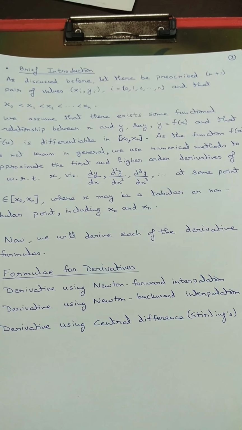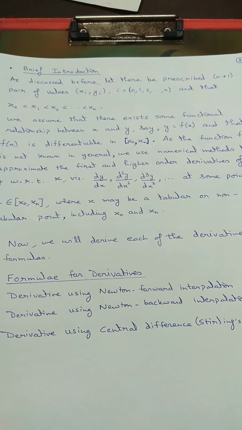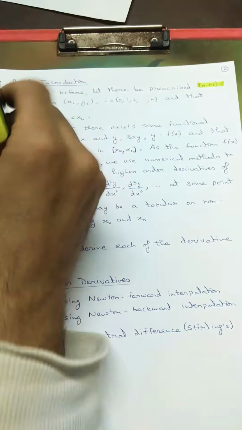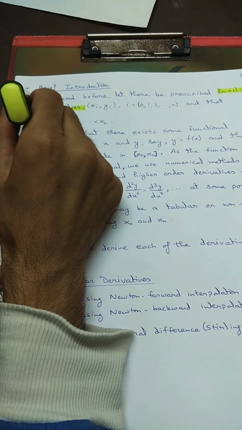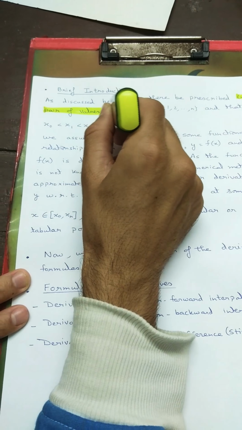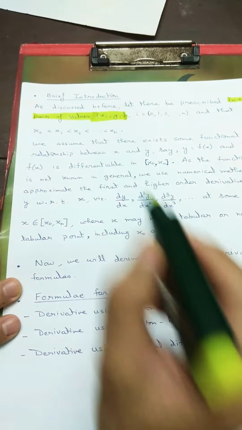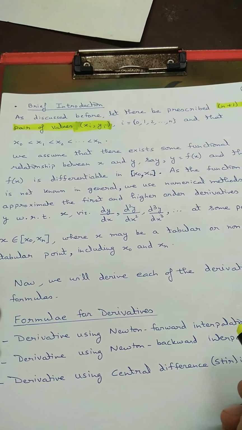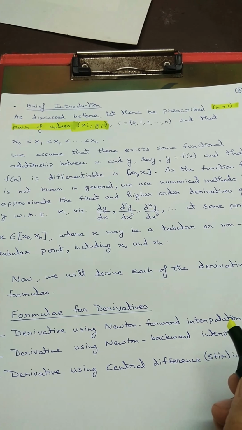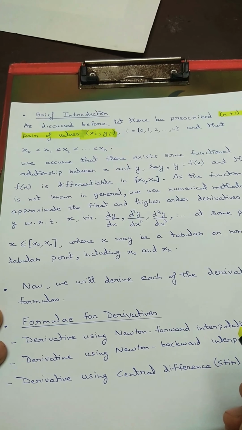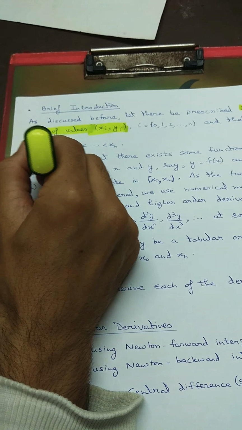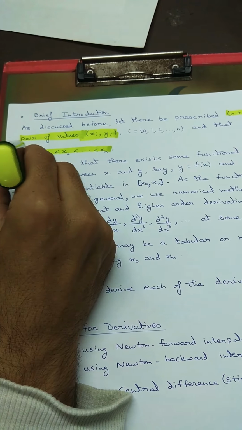So, a brief introduction. As discussed before, let there be a prescribed n plus 1 pair of values, that is xi, yi, where i varies from 0 to n with a common difference 1, where x0 is less than x1, x1 is less than x2, and similarly it goes on up to xn.